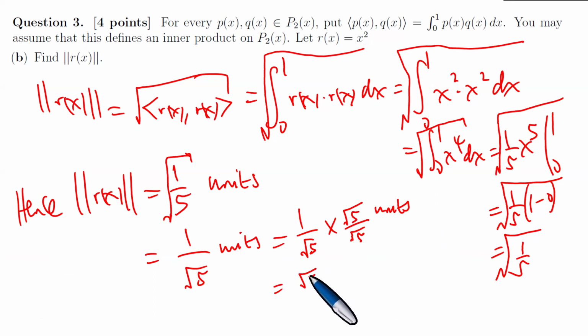It becomes a very nice number, but obviously these things are the same. So in principle, this is 1 over square root of 5 units. You can leave your answer like this. You don't have lots of time in the exam, and they can't penalize you because you did not rationalize the denominator. They really cannot be penalizing you for that part. So we move to the next point.